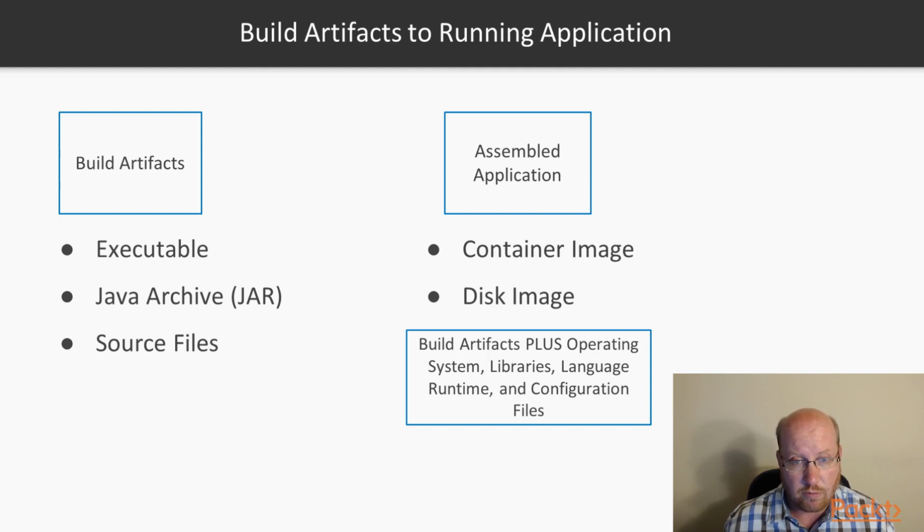And of course, our application might run in a distributed environment with multiple containers or multiple machines, and so we need to figure out how to get to that kind of environment as well. And so when we talk about the DevOps pipeline, the most important part of it is going from these build artifacts, which we understand, these build servers and compilers, and we know how to do that, and taking it all the way to an assembled application in as automated a fashion as we possibly can.